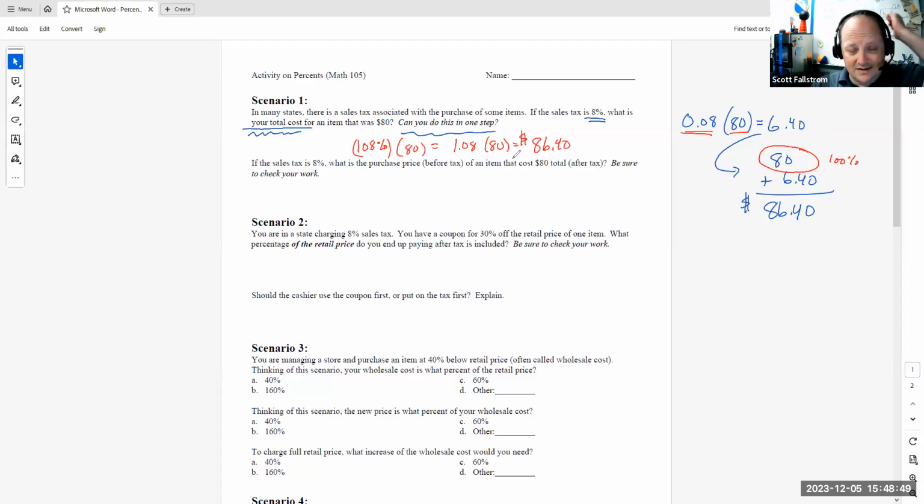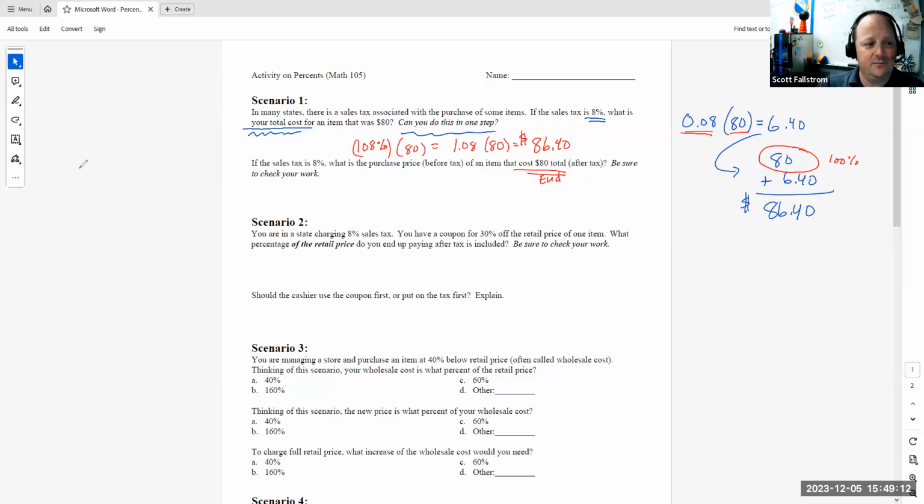And the reason why that is so important is because you are multiplying the starting value to get to the ending value. If you're trying to go backwards, you know this is my ending amount, $80 total, and I don't know the starting amount. Well, just think, if I multiplied to go forwards, I'd better divide to go backwards.